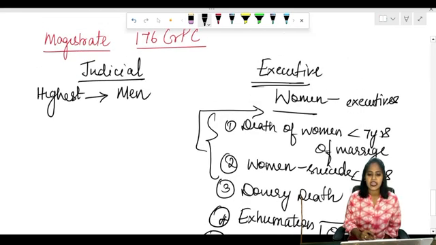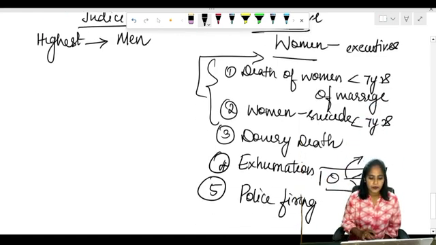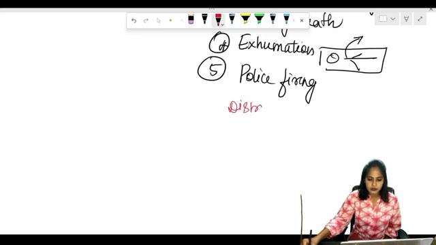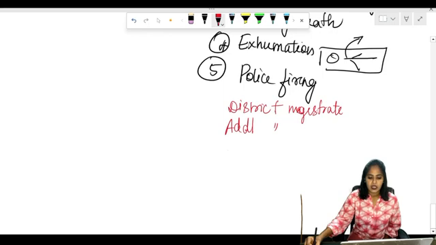At that time, executives will conduct the magistrate inquest. So who are these executive magistrates? It could be a district magistrate, an additional district magistrate, or a subdivisional magistrate.